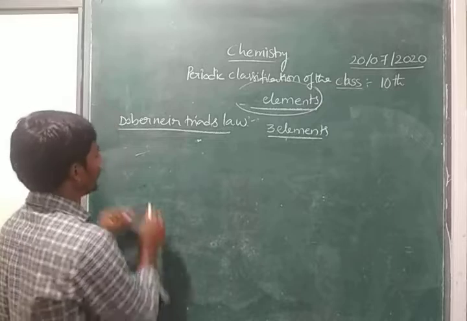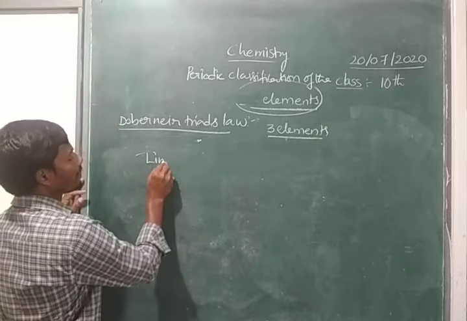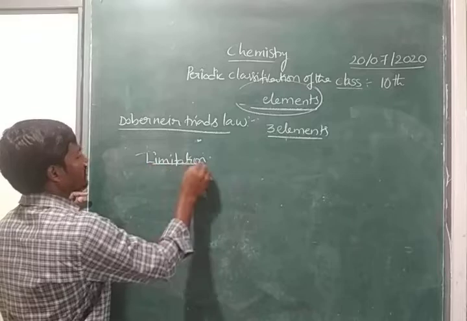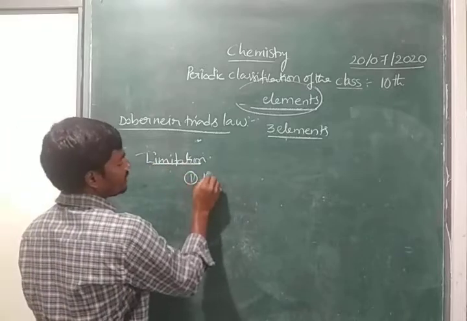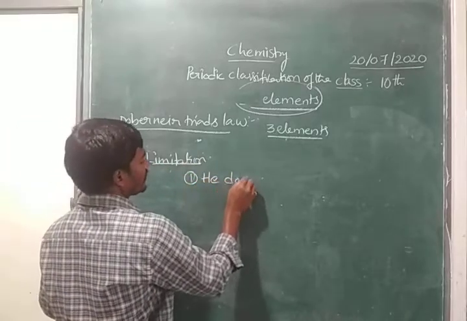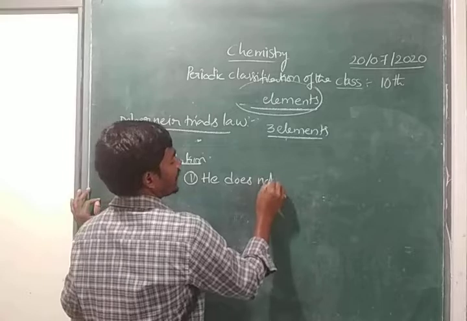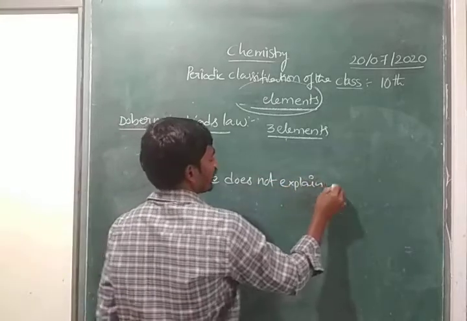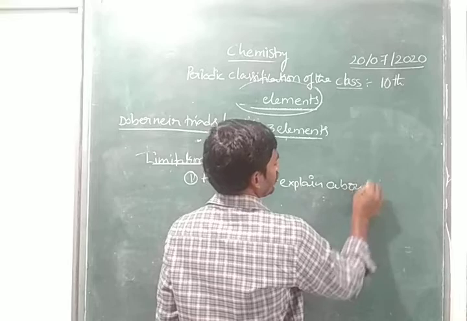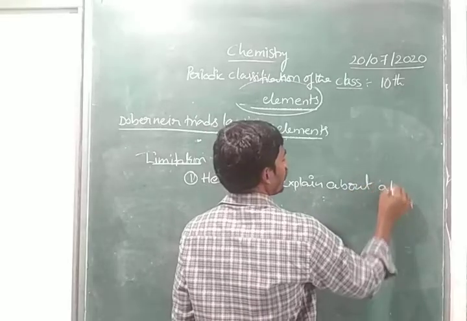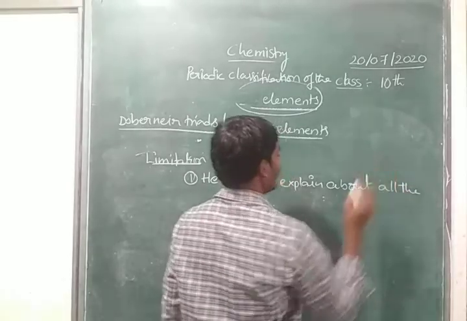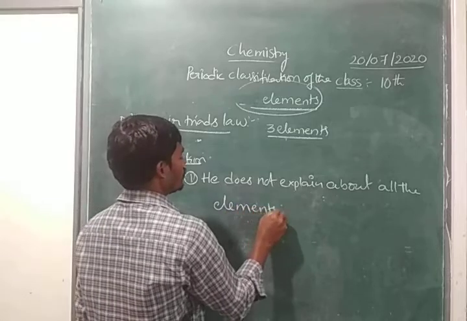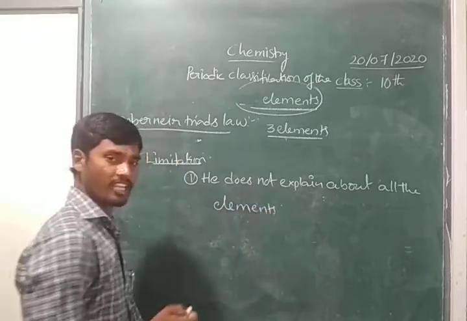So here the first limitation of the Dobereiner triads is that he does not explain about all the elements. What elements we had at the time of Dobereiner, all of those are not explained by Dobereiner classification.